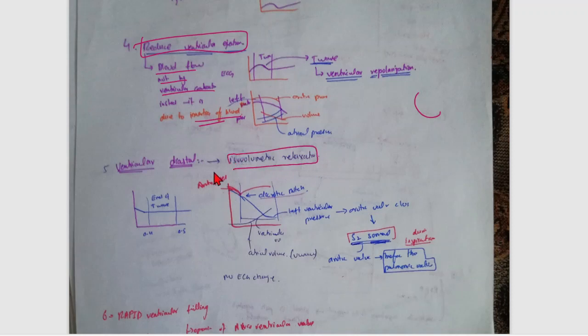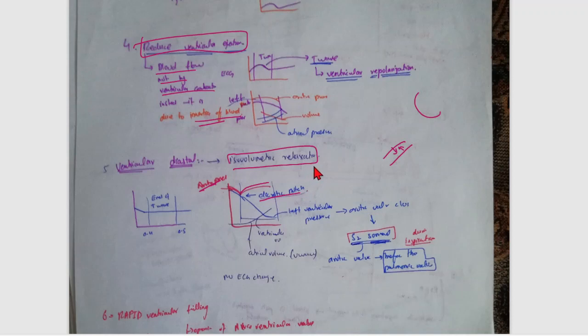At isovolumetric relaxation, what will happen? This is the aortic pressure. The aortic pressure actually decreases, and after that it increases, because when the blood is not moving inside, the aortic wall contracts, so the pressure increases. Another thing here is the dicrotic notch.